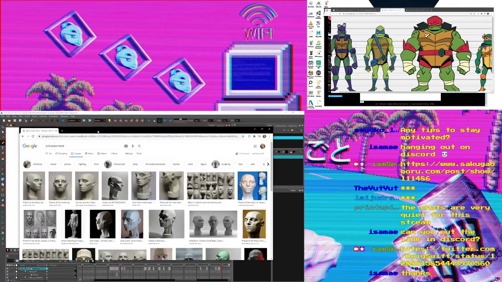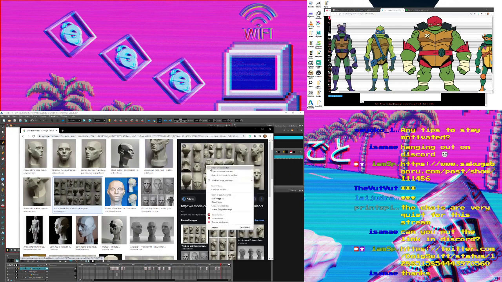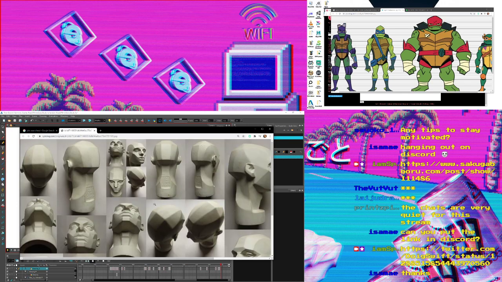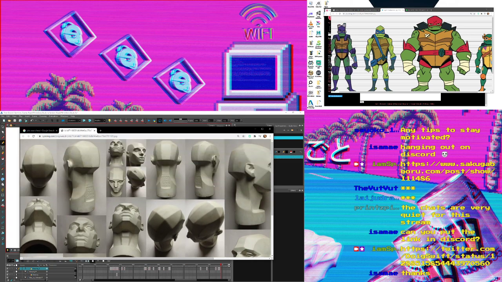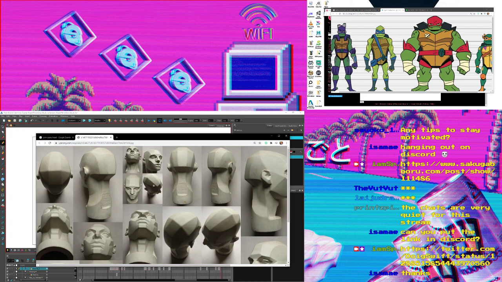So this one, I'm currently saving up money with the donations I get through doing these classes to buy one of these things. But this is what we were studying this Monday, and we're doing 25-minute studies of the head from different angles to understand the planes of the head a little better.